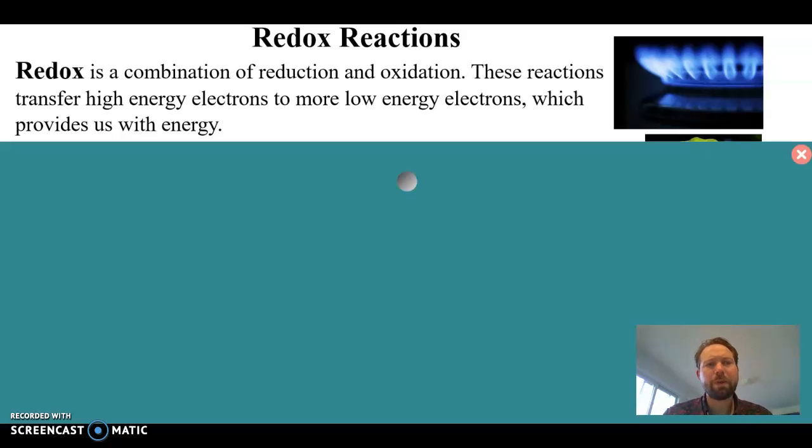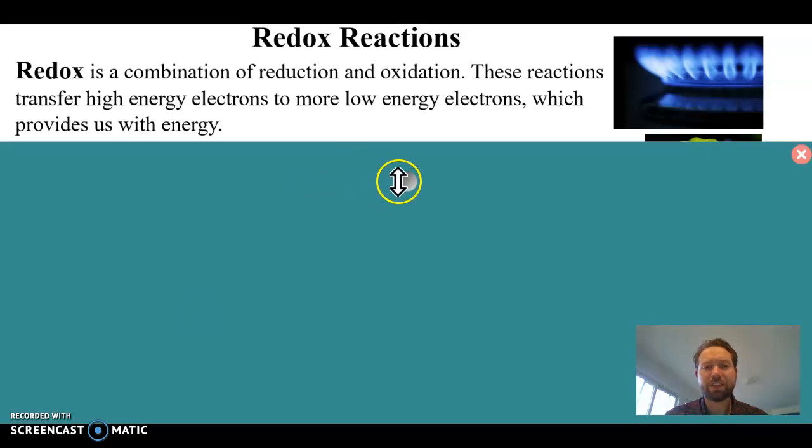So we're going to start off with a basic definition of redox reactions. Redox stands for reduction oxidation reactions, and it's a combination of those two reactions. These reactions transfer electrons from high energy to low energy.